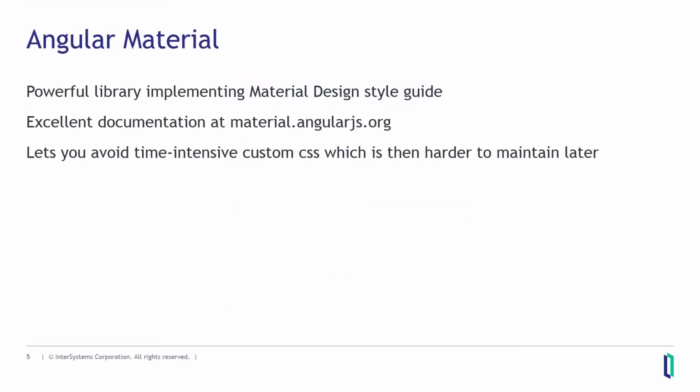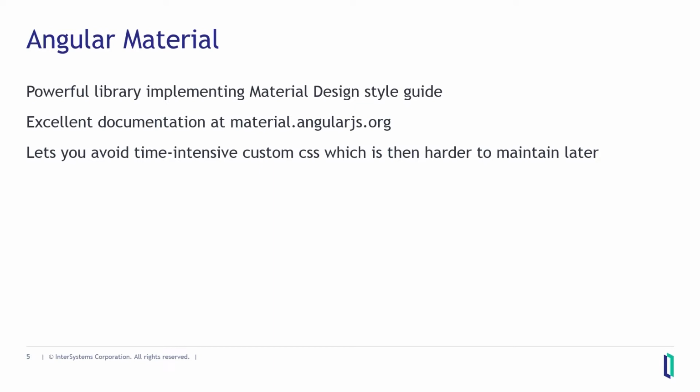Angular Material is a client-side front-end library. It implements the Material Design Style Guide by Google. And there's great documentation for this on their website. And we chose this because it saves you a ton of time writing custom CSS, and it lets your applications have the same look and feel, so it's easier for your users to understand and easier to maintain.